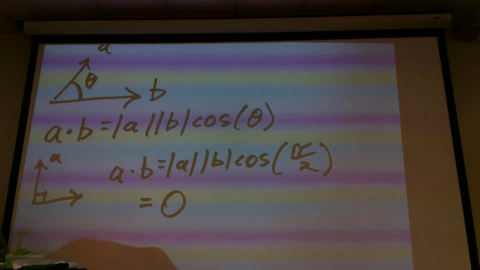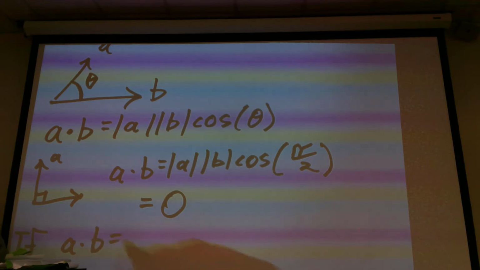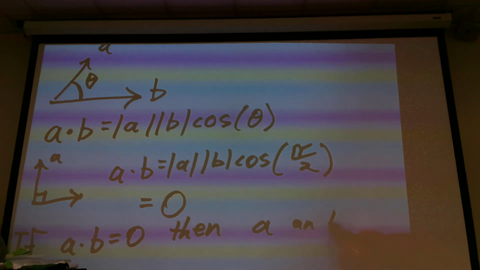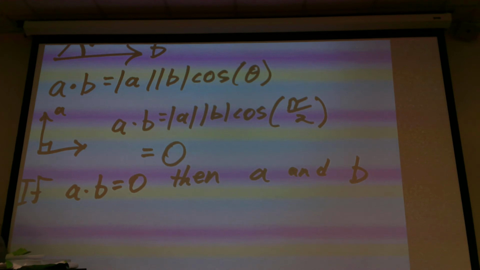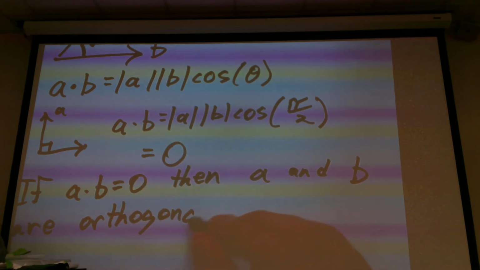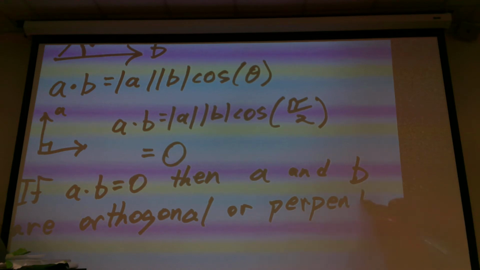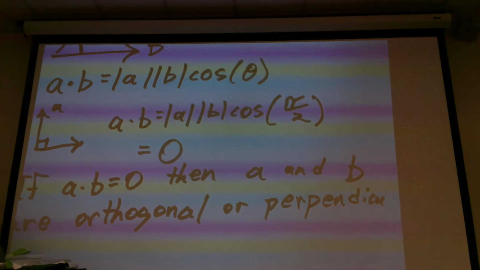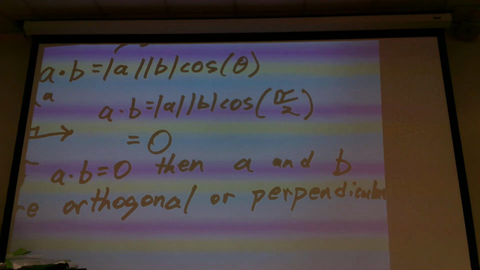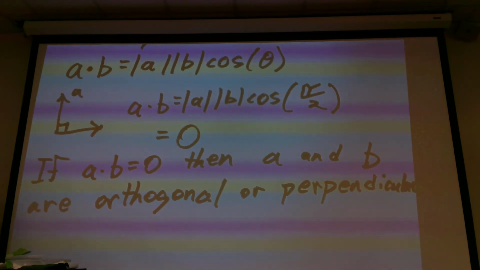So if A dot B equals 0, then A and B are perpendicular.